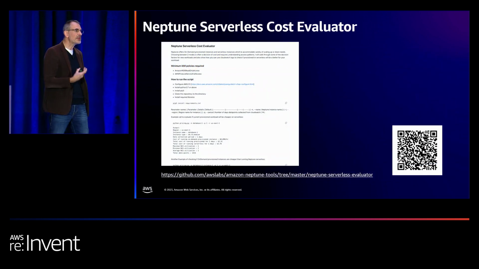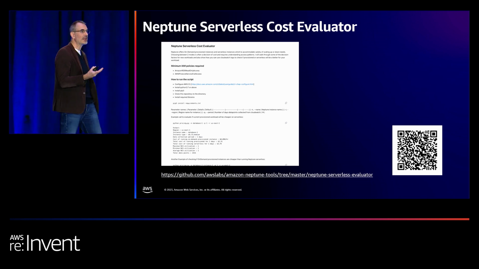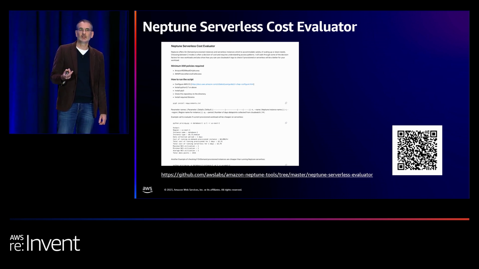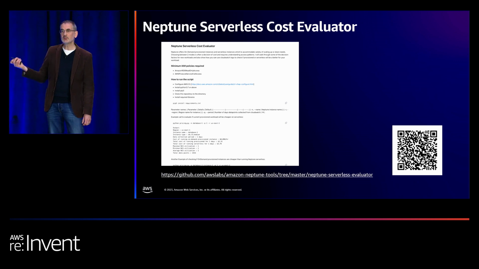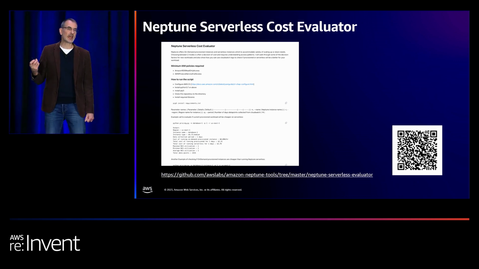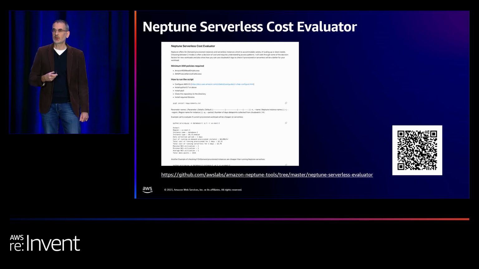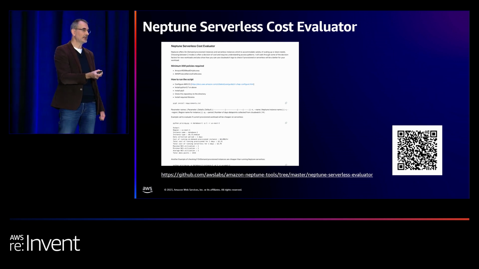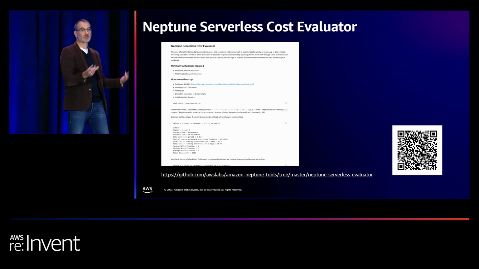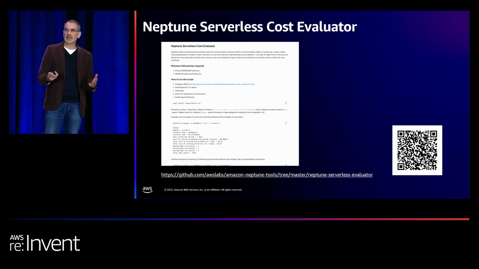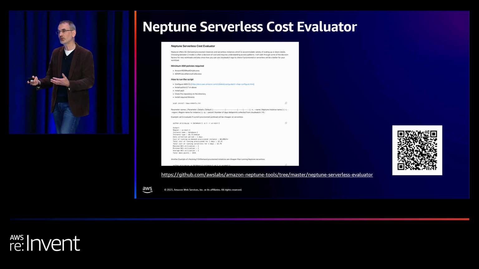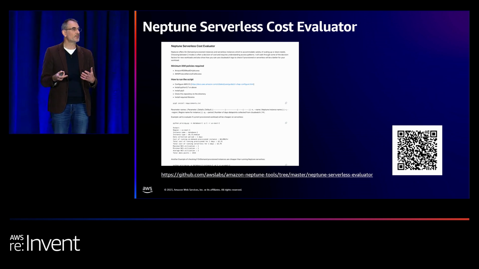So how can you estimate or calculate the costs of running serverless for just a few days? Well, we've produced a very simple little tool, which is in our AWS Labs GitHub repository, called the Serverless Cost Evaluator. It's a command line tool, and you would run it against a serverless instance that's been running for a few days. And it will estimate how much that will have cost you to run that instance for that period of time.